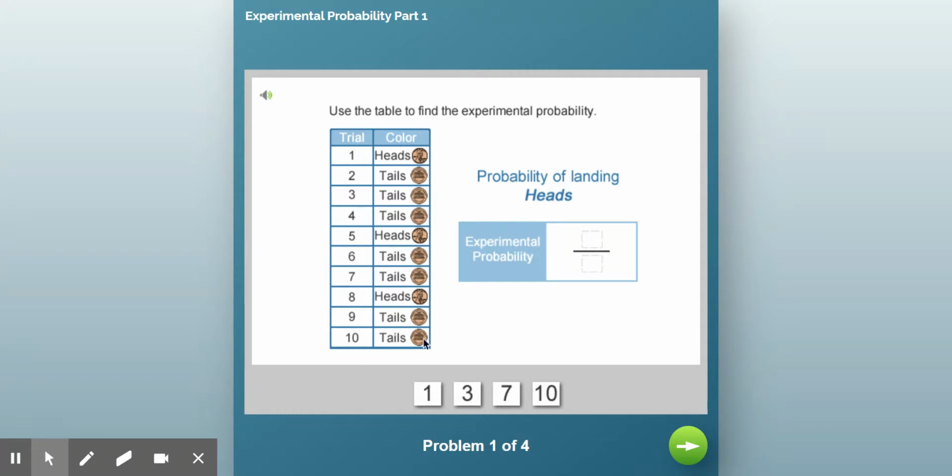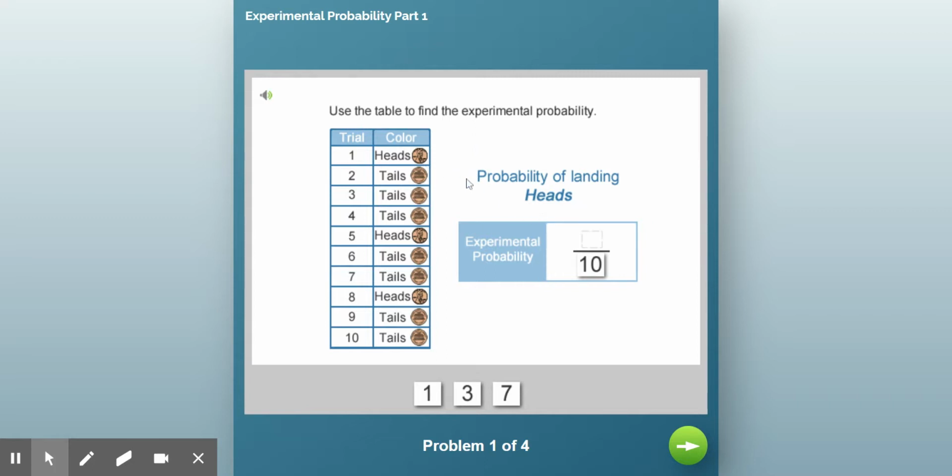So I want to determine the experimental probability of landing on heads. Now, I know the theoretical probability of flipping a penny and landing on heads is 1 out of 2. But now this is different. I want to know experimental probability. So in an experimental probability, I have to look at how many trials were done in the experiment, that is 10, and how many times that outcome happens.